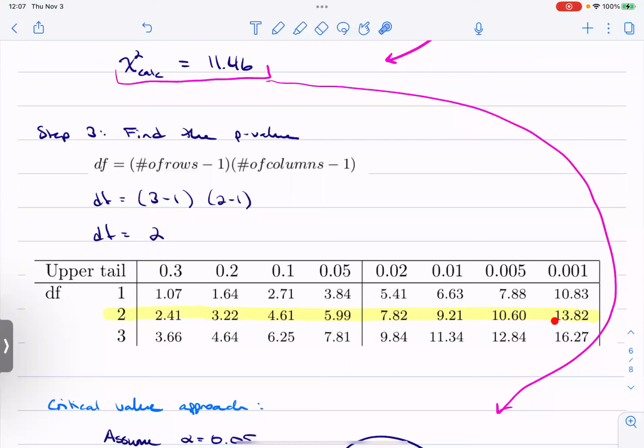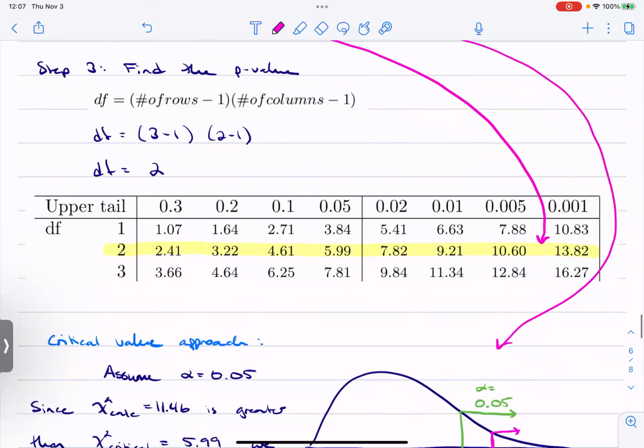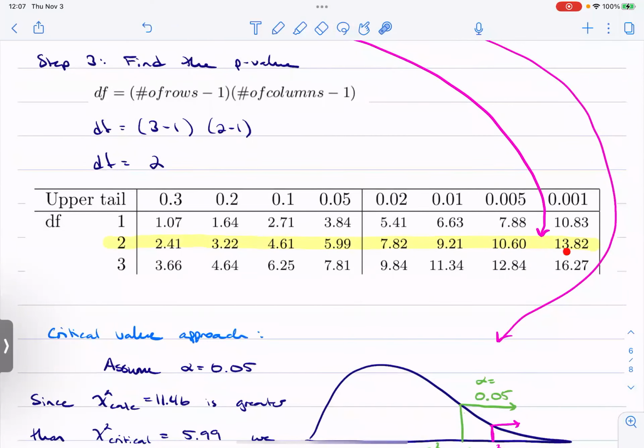It would fall somewhere between 10.6 and 13.82. So we're just getting a range now, but remembering that the chi-squareds are increasing, which means the area in the tails is decreasing. So you want to read it from right to left, which gets kind of weird.